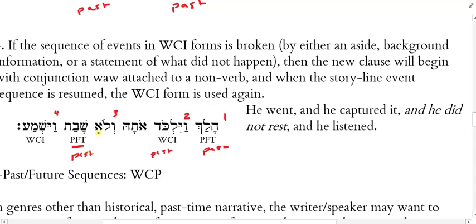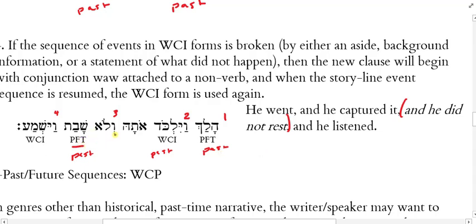But he did not, and he did not rest. But then I resume my sequence. Vayishma with the WCI. And the next thing he did was, and he listened. Okay? So he went, he captured, he listened are the things he did. The sequence is broken up with what he didn't do. Velo shavat. And that is using a perfect verb.